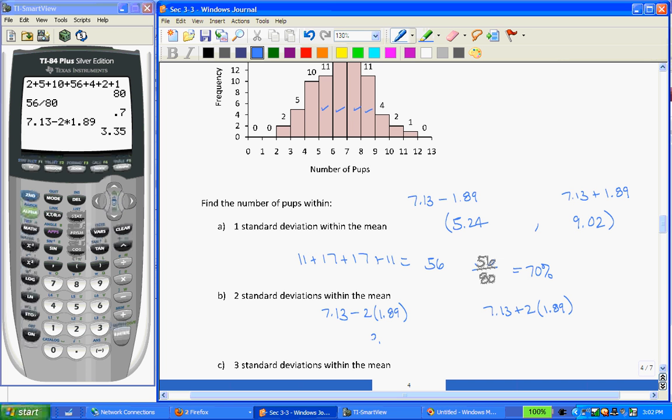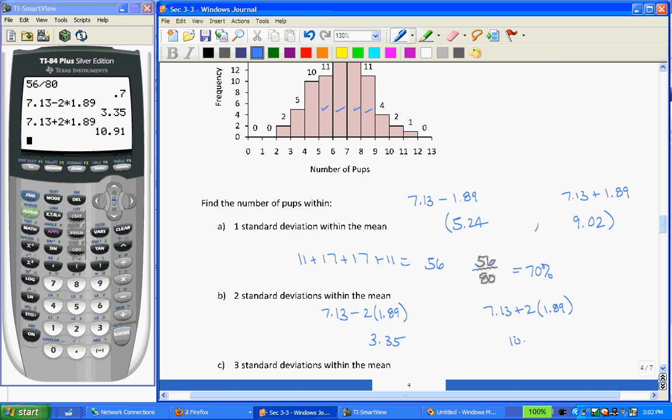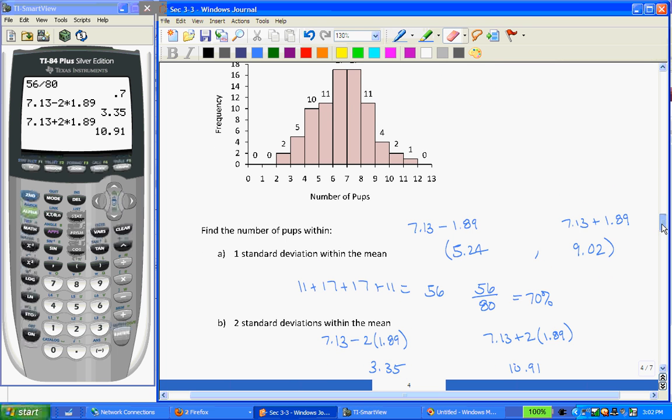So that's 3.35 and 10.91. So this time 3.35.